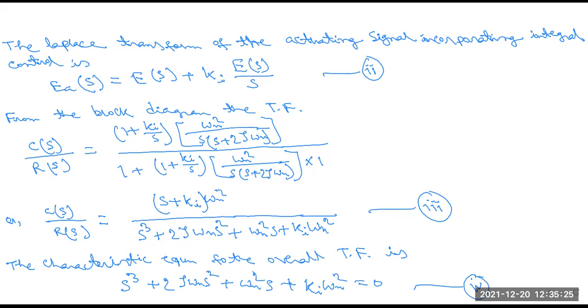So in this integral controller part, we have to calculate the 3rd order system. In your syllabus, in this frequency response analysis, we have to calculate up to the 2nd order system, but in the later modules, that is module 3 and module 4, we have to calculate the 3rd order system using a different method, that is the Routh-Hurwitz criteria method.